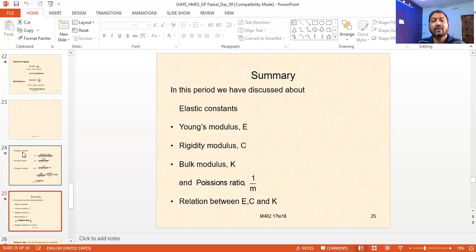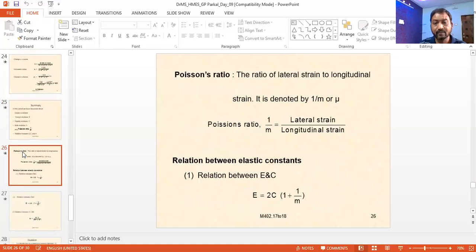Now coming to the summary part, in this lesson we have discussed the elastic constants like Young's modulus E, rigidity modulus C, and bulk modulus K, and Poisson's ratio 1 by m. And also we have noted down the relation between E, C and K. And we also know that the Poisson's ratio 1 by m is equal to lateral strain by linear strain.